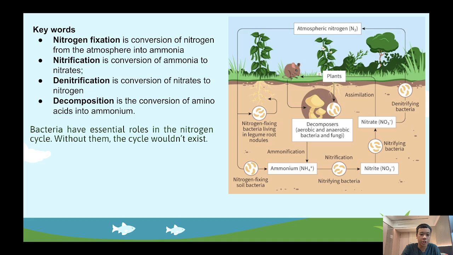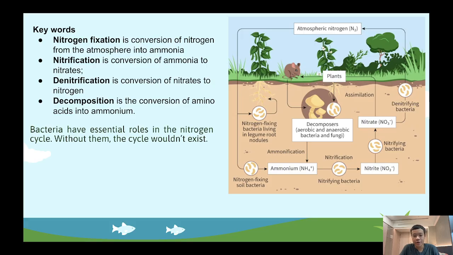Another key definition and keyword that we need to know is nitrification, which is the conversion of ammonia to nitrates. Denitrification is the conversion of nitrates back into nitrogen, and it usually requires an anaerobic place to do that. Decomposition is the conversion of proteins or amino acids into ammonium.